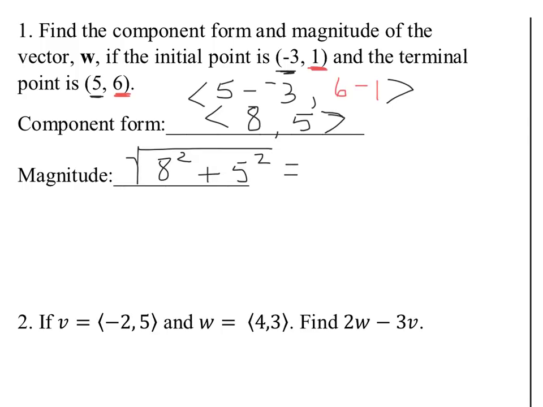Well, that's just the Pythagorean theorem. So we end up with the square root of 64 plus 25, which is 89. The square root of 89 is approximately equal to 9.43. And I'm going to say units just because we don't really have a measurement here.